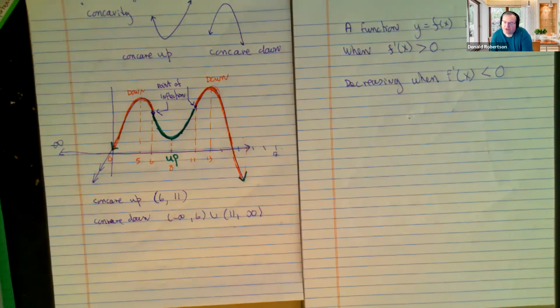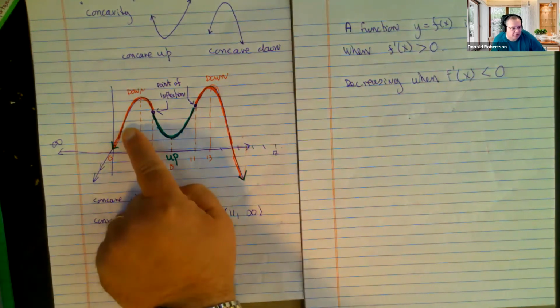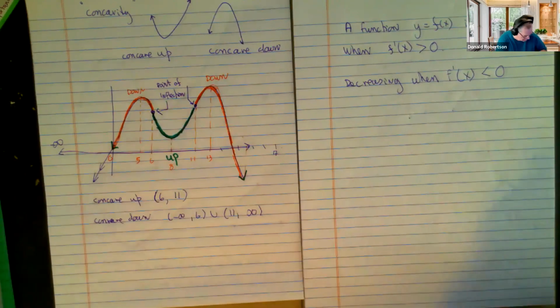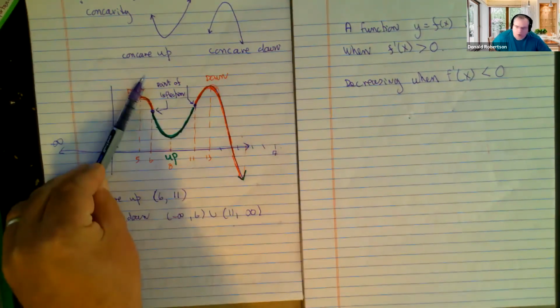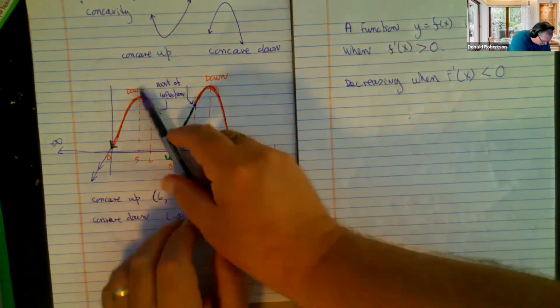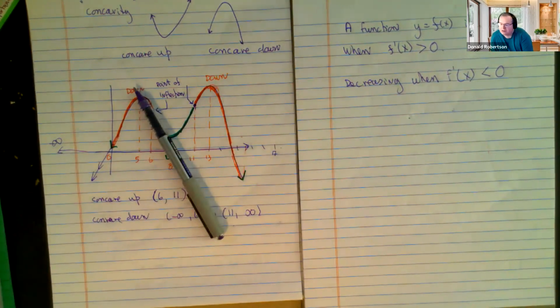Does that make sense that if the derivative is positive, it's part of an increase, and when its derivative is negative, it's part of a decrease? So if I was talking about this guy here, where my finger is, isn't that derivative pointing upwards? That's increasing. If I pick this bit here, won't it be decreasing?